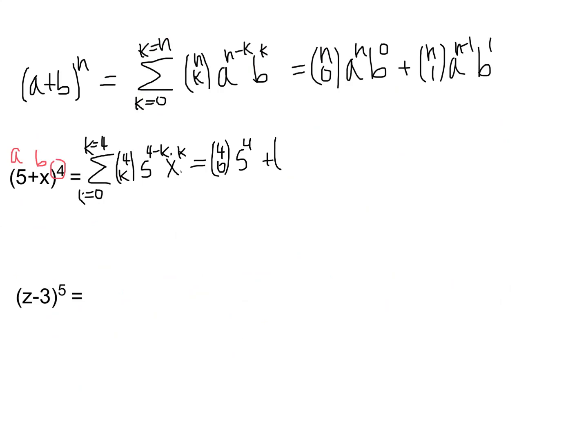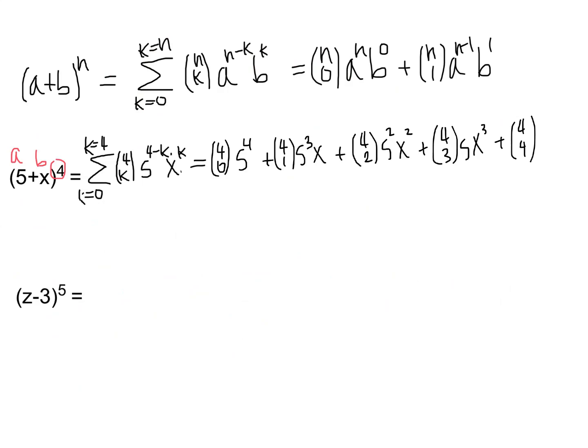Next term is going to be 4 choose 1, 5 to the 3rd, x to the 1st. 4 choose 2, 5 to the 2nd, x to the second, 4 choose 3, 5, x to the third, and finally 4 choose 4, x to the fourth.